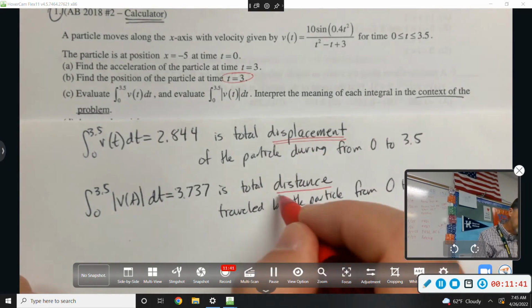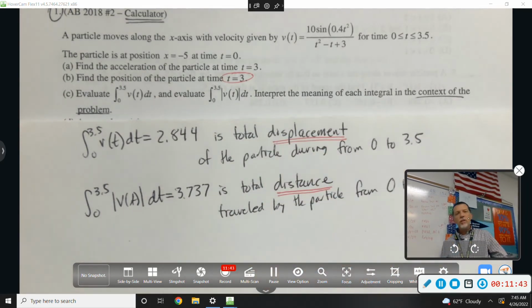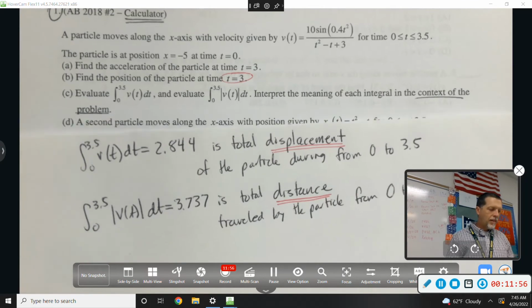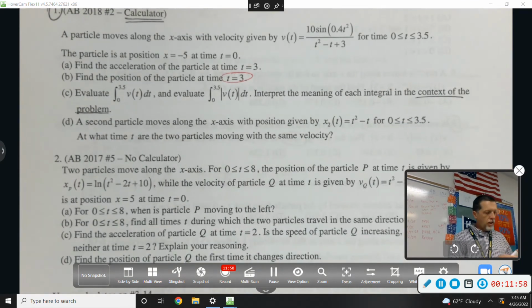Again, I'm pretty sure distance versus displacement are the keywords they're looking for there. Okay, I feel like so far so good on this one. We hope we get one like this. A, B, C were pretty straightforward. D's probably going to be crazy, but we'll see if we can squeak out some points from part D.